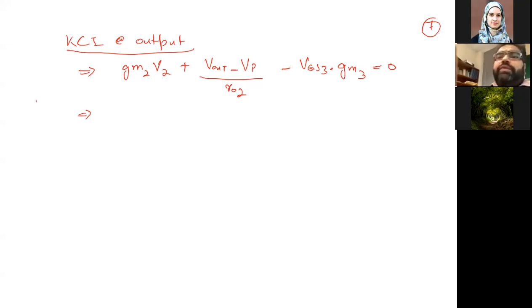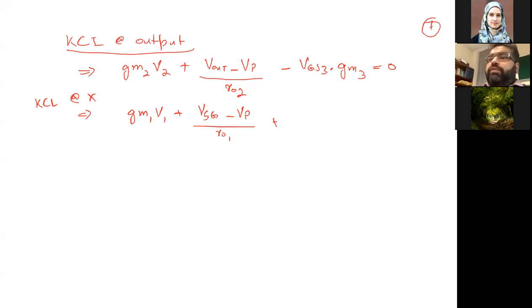The KCL which we wrote at X was equal to GM1 times V1 plus VSG minus VP times RO1 plus VSG times GM3. Okay, now if we just directly subtract these two or divide, whatever way you want to, what are we going to be left with.